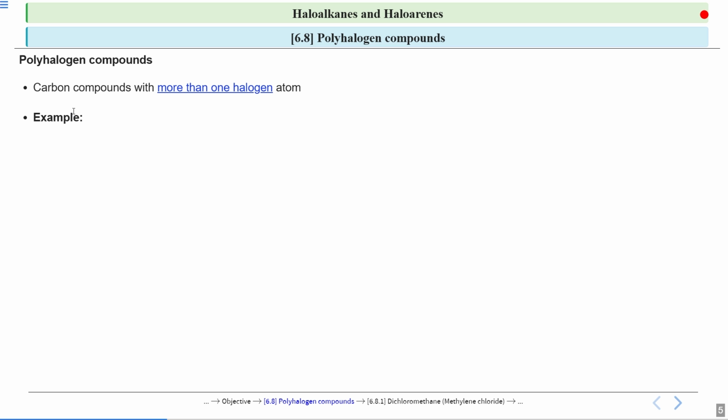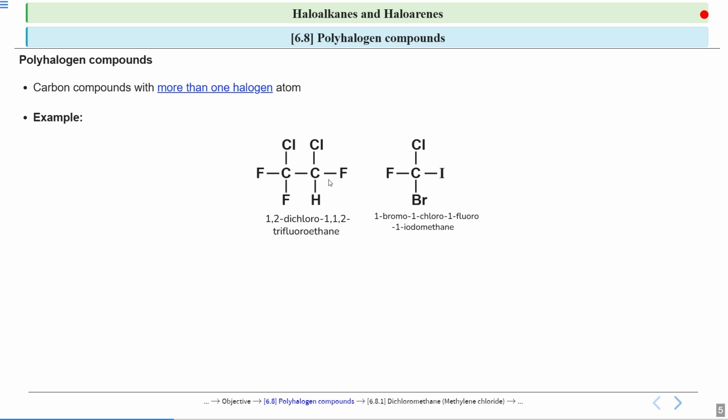For example, we have these two structures given here. First, 1,2-dichloro-1,1,2-trifluoroethane. You can see we have a two carbon compound, so this is ethane. Every bond is a single bond, so that's why we are calling it ethane. At the first and second positions we have two chlorines, so we are writing 1,2-dichloro as per alphabetical order.